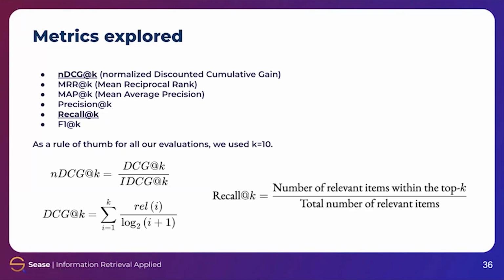So we computed normalized discounted cumulative gain, which applies a discount so that a top document has a higher score than a bottom one. On a logarithmic scale, if I retrieve the relevant document in the first position, I get 1 over log base 2 of 2, so 1. But if it's in the 10th position, this grows, and so I have a lower score.